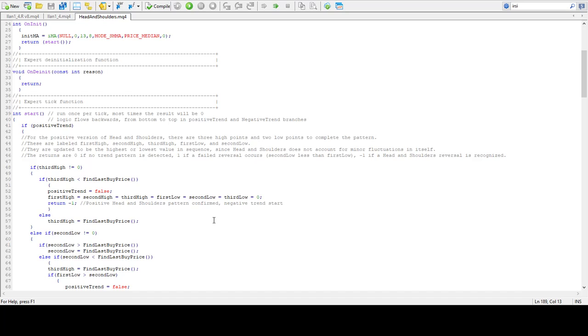I would have liked to have made more changes, but the problem is that this pattern is extremely specific. I attempted to use a function to get the lowest low and the highest high in an area, but that doesn't really work with head and shoulders, in the sense that you're not allowed to have intermediate highs and intermediate lows between these.